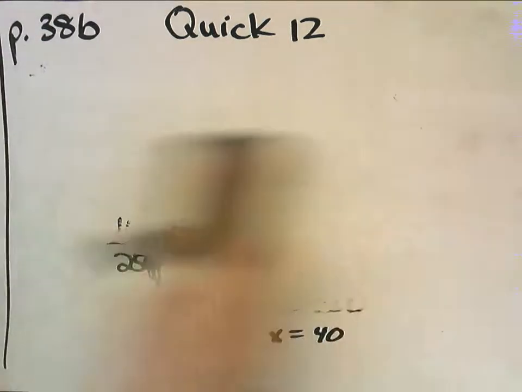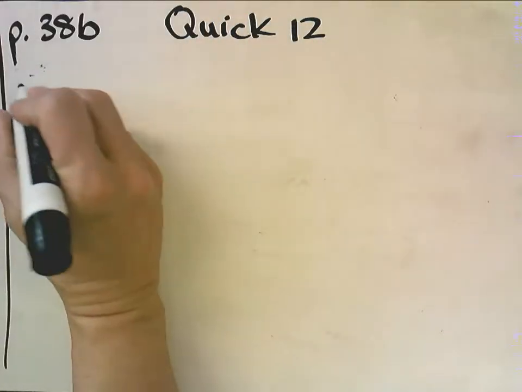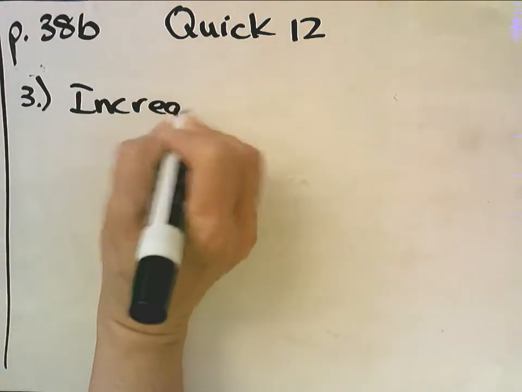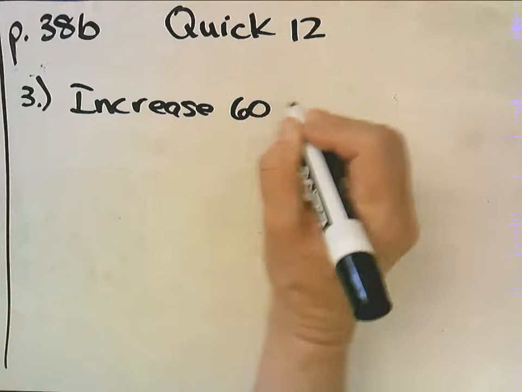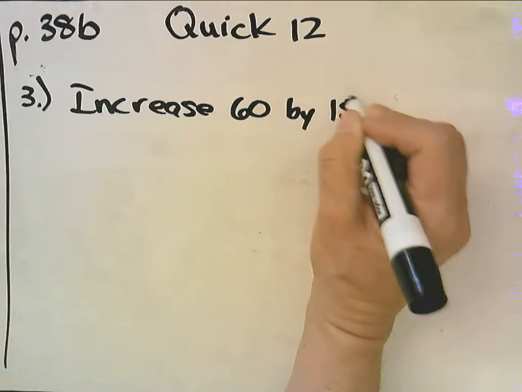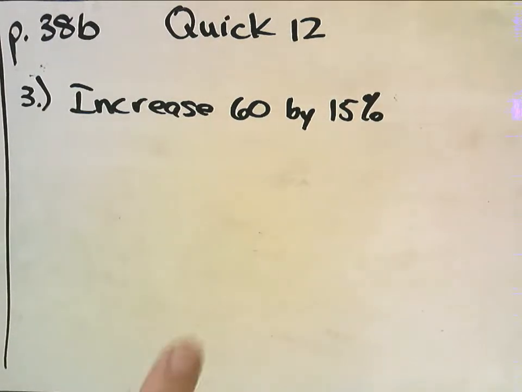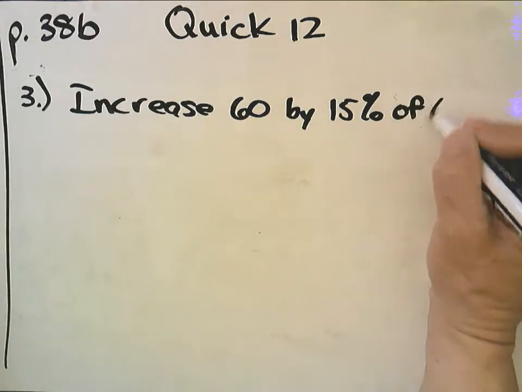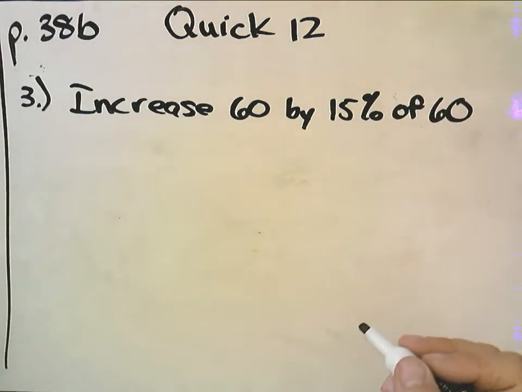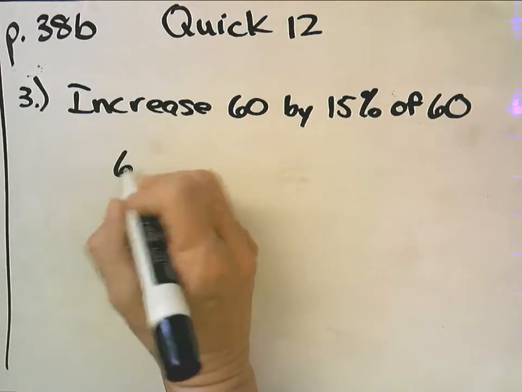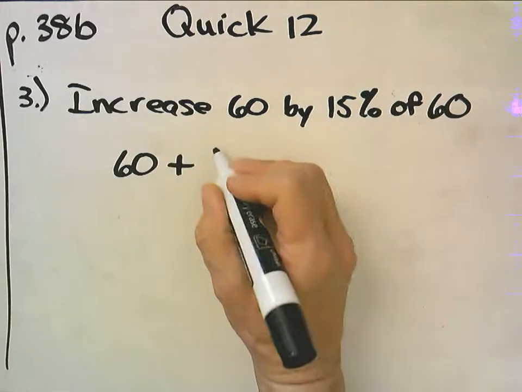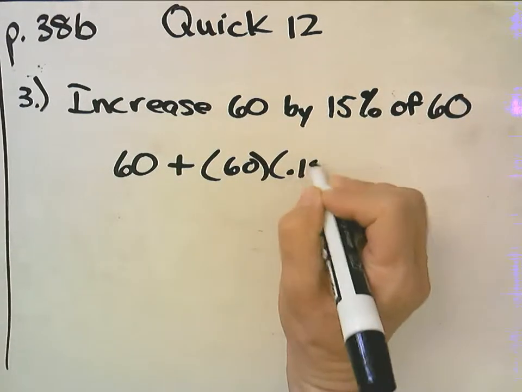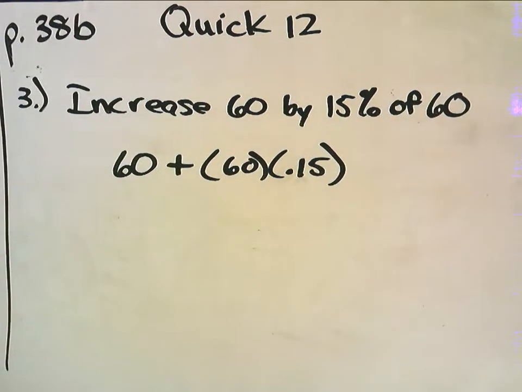Okay, let's look at number 3. This says increase 60 by 15%. Now, words that are missing here is 15% of what? 15% of 60. So start with 60 and increase 60 by 15% of 60.